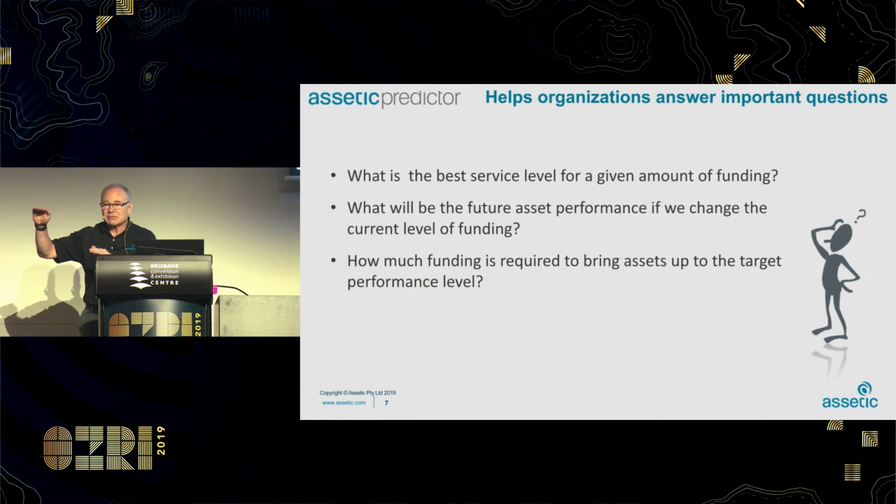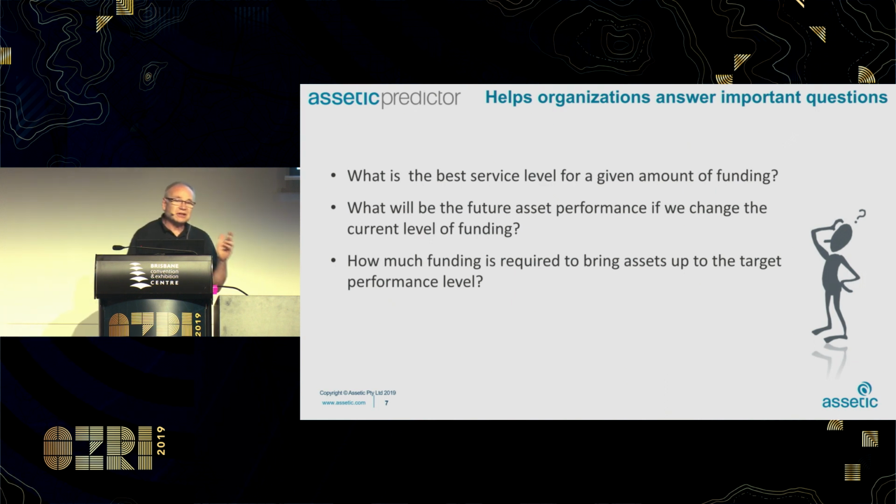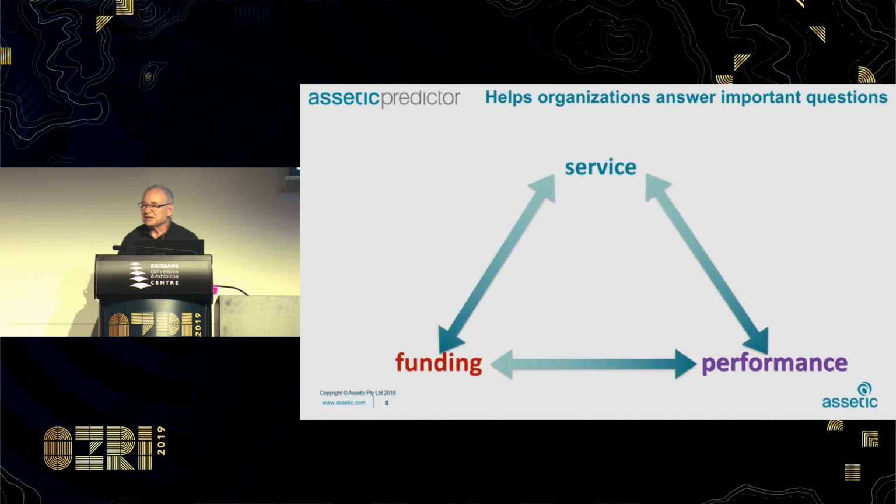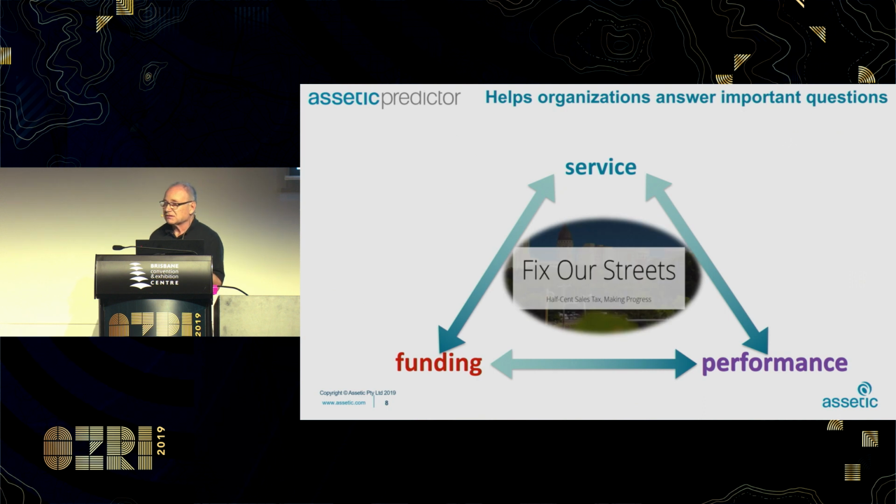How much time and how many dollars is it going to take us to get to that point? What are our options? When we start asking these types of questions, certain terms emerge. The terms that we speak in are service, asset performance, and funding. And this relationship is the basis of what we're going to be telling through the story of Topeka, through story maps.